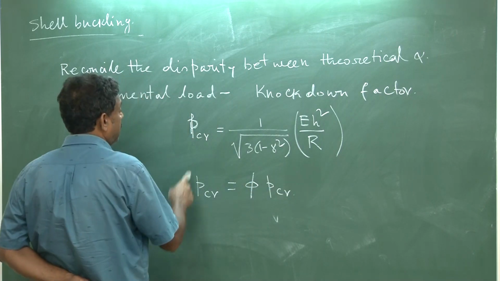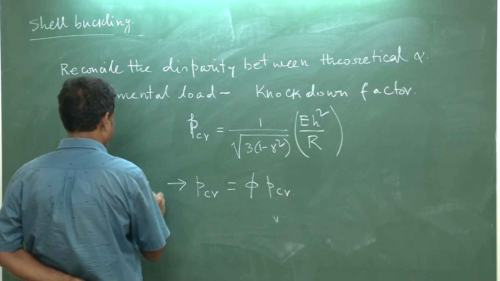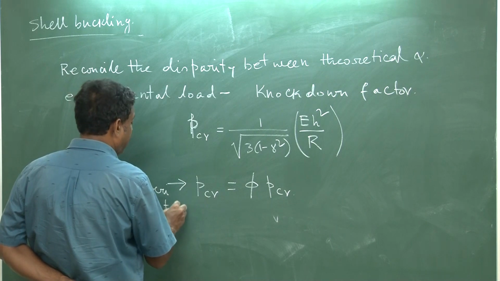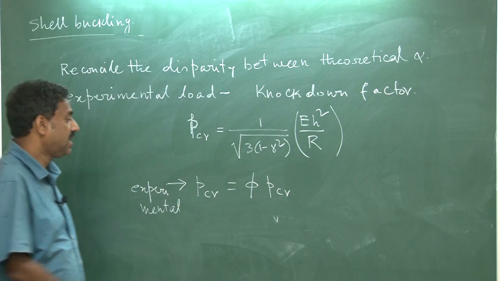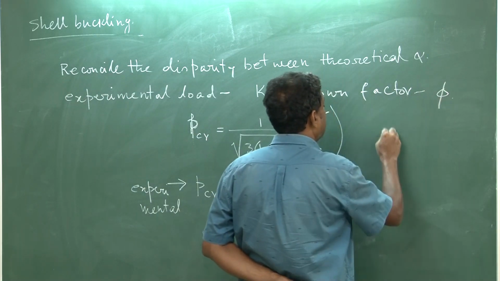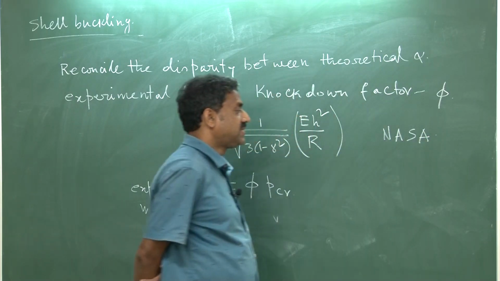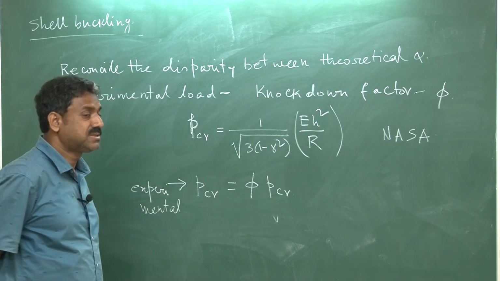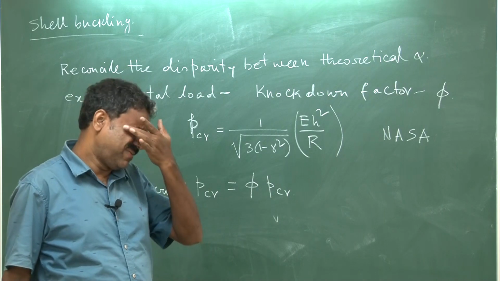So, this is the theoretical load and this is the experimental. They use some kind of factor to reduce the theoretical load to get the actual load, and that factor is called the knockdown factor. NASA, the National Aeronautics and Space Administration, has investigated this widely, based on a huge experimental program, in around the 1970s or even before that.